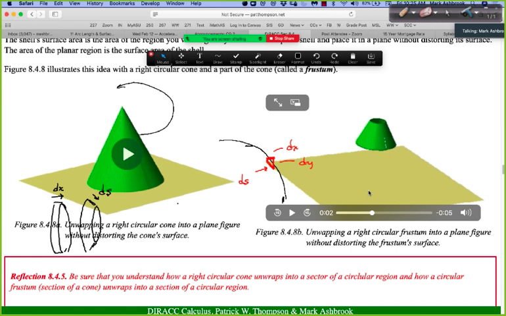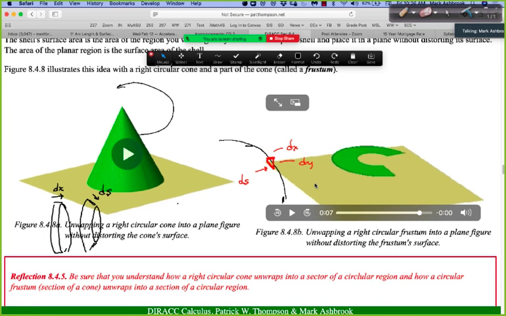We need a sliced part of a cone. So to do it, we're going to flatten that thing out. Boom, like that. And so what do we want? The rate of change is going to be now this distance around. So it's still a circumference, but it's based on what's called a frustum. A frustum is like a sliced part of a cone. It's a sliced part of a cone, and we're going to flatten it out, and we're going to get the rate around there.